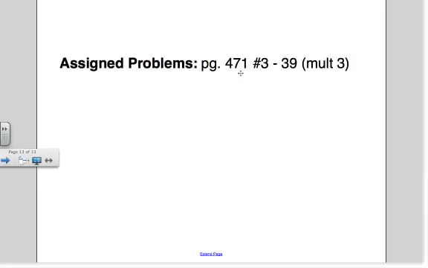Okay, so what you're going to do for homework is you're going to do numbers 3 through 39, multiples of 3, all right, from page 471.